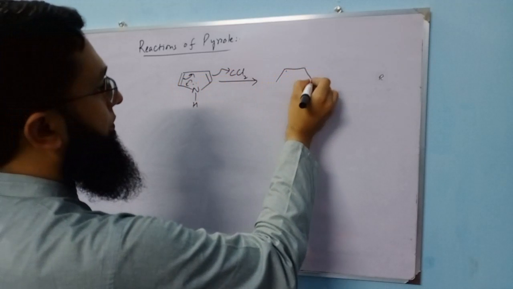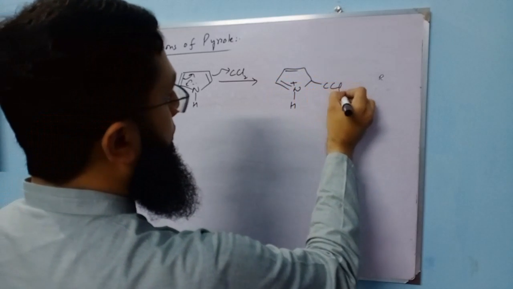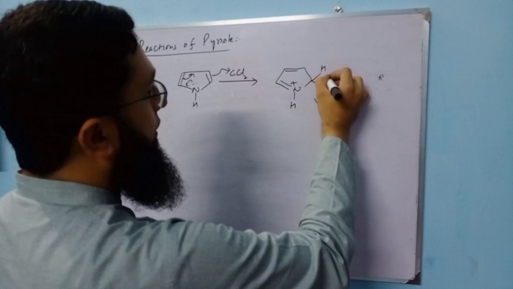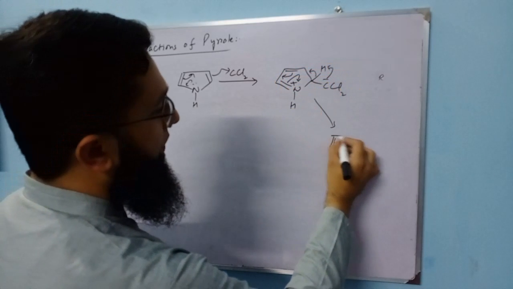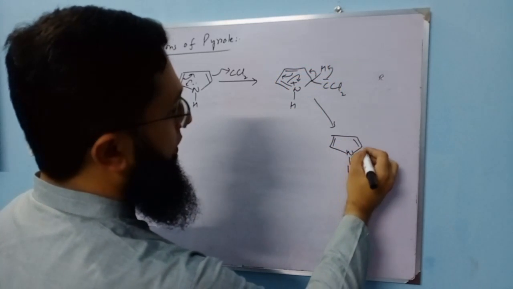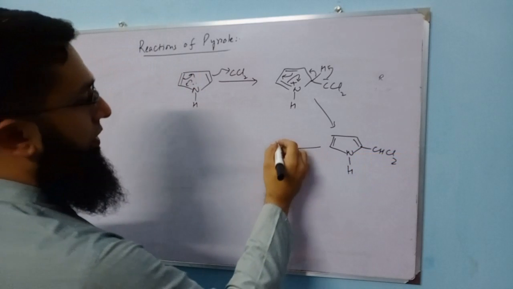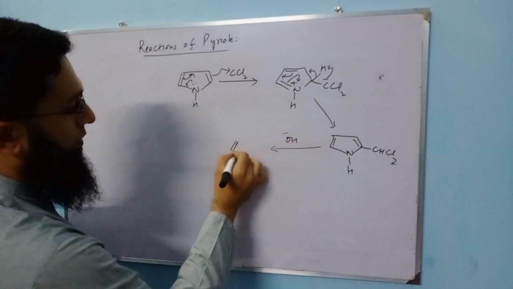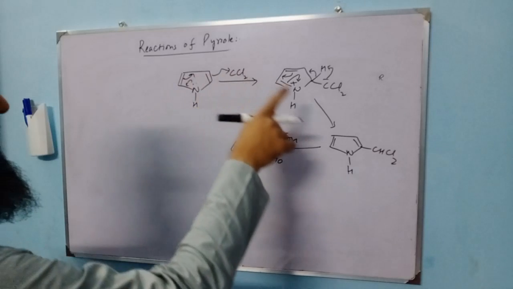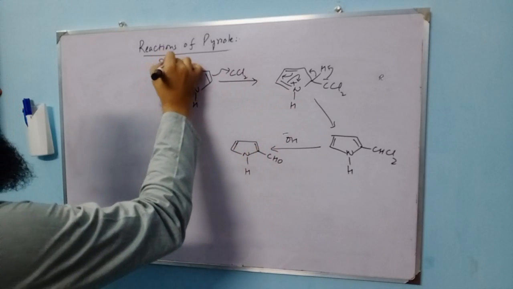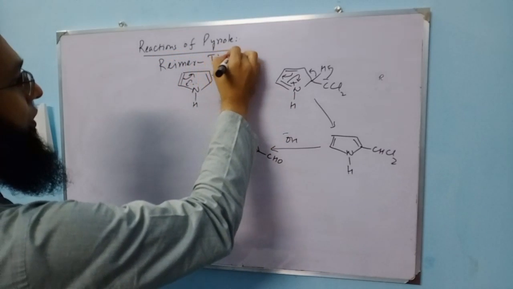As a result, we get this, and this proton is abstracted, this shifts here, this is here, and we get this, and upon treatment with a base, we get pyrrole-2-carboxaldehyde, and this reaction is the Reimer-Tiemann reaction.